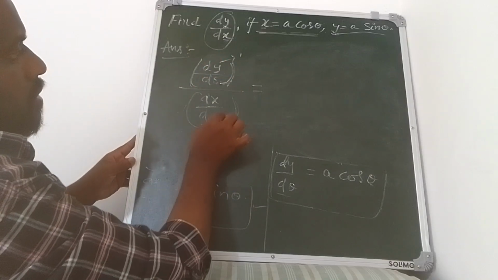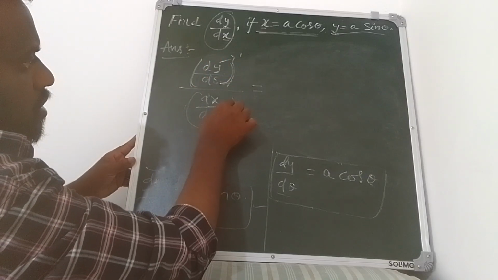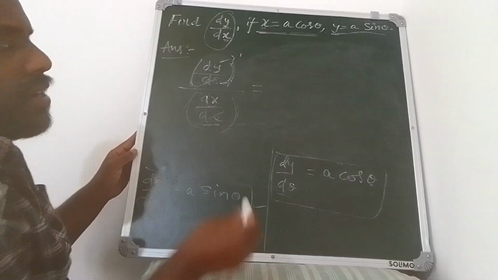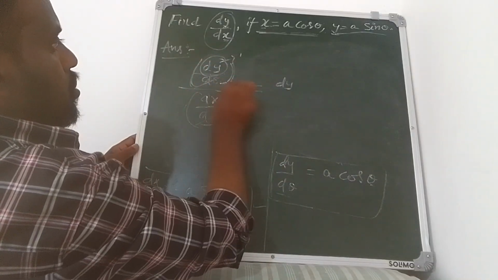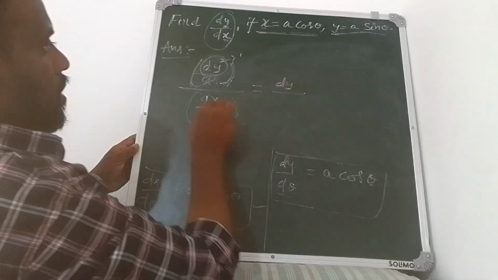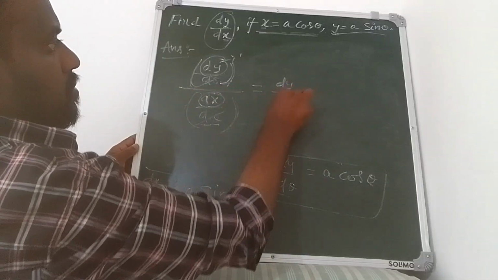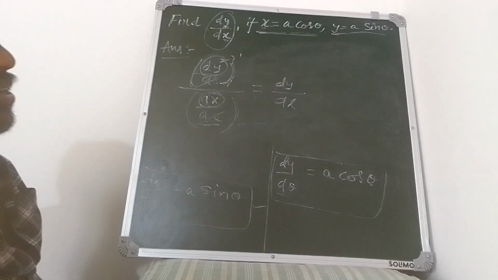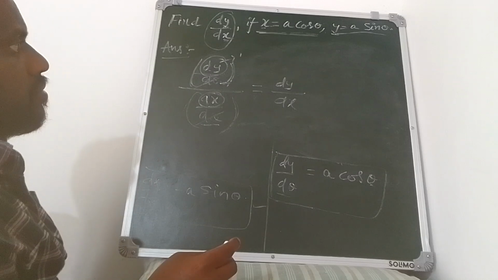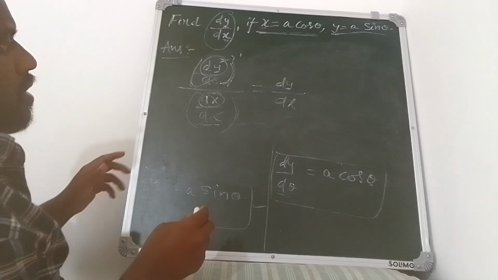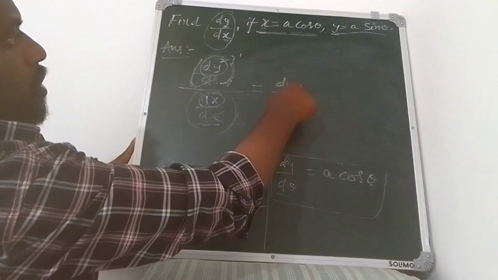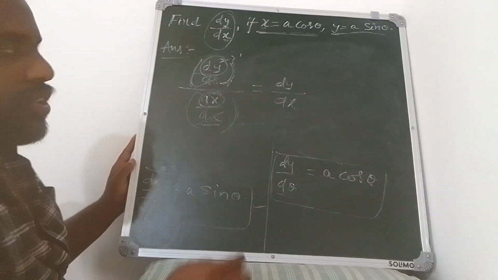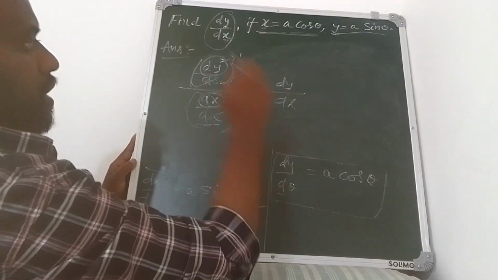Since both are the same, if you cancel them, what will we get? dy divided by this dx. Okay, you got it, I think. So you understand, right? This is equal to dy by dx. So now we can use this to find dy by dx.